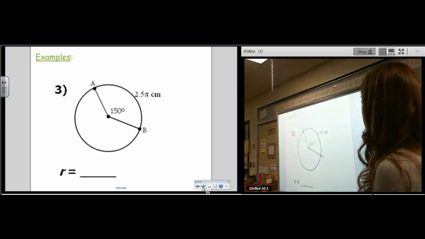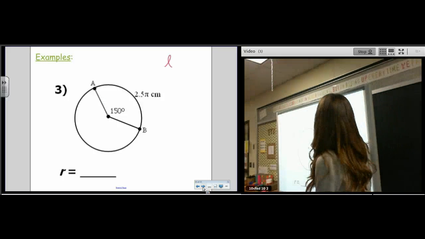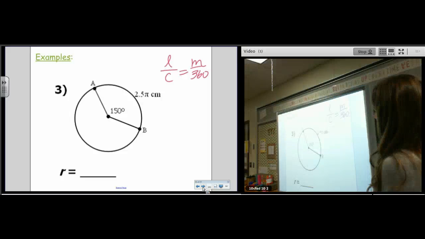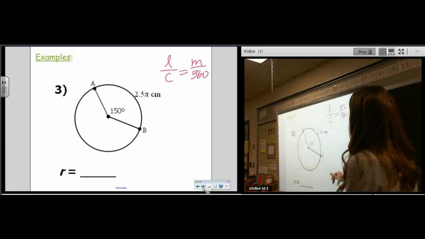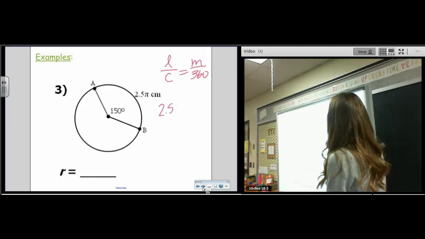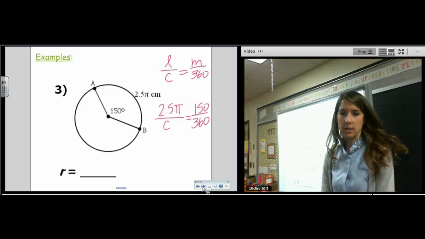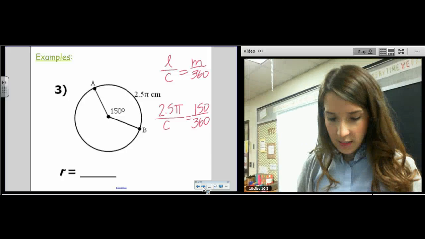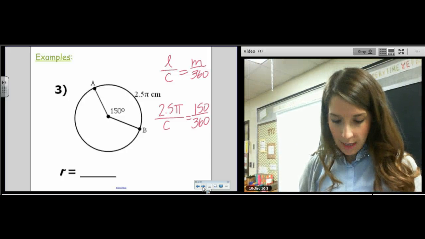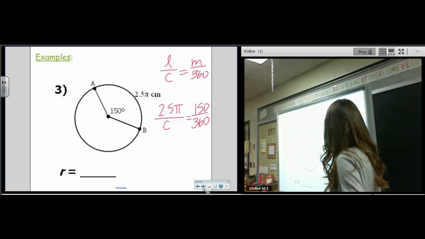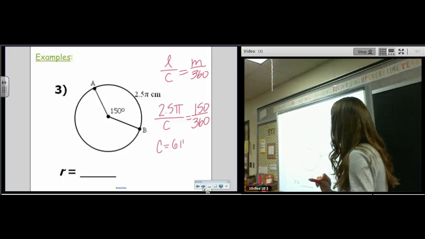All right, let's try this one. So we know L, we don't know C, we know M, and 360 is constant. So we can cross multiply: 2.5 times 360 divided by 150. And we get... but we need to be careful.